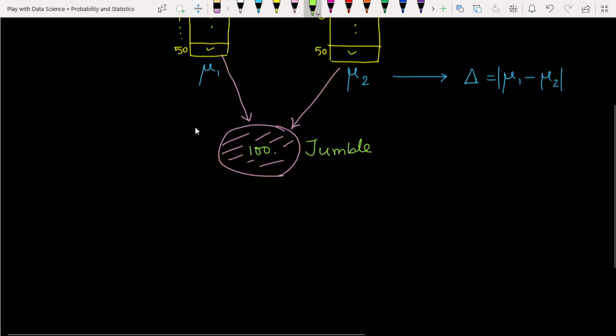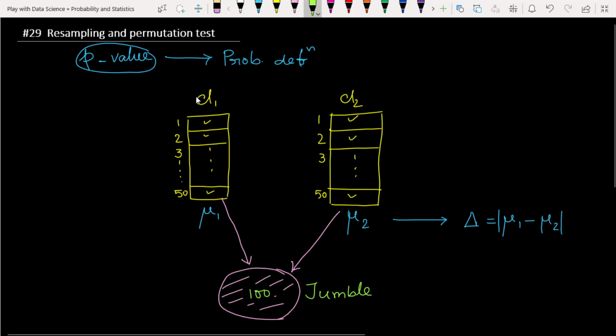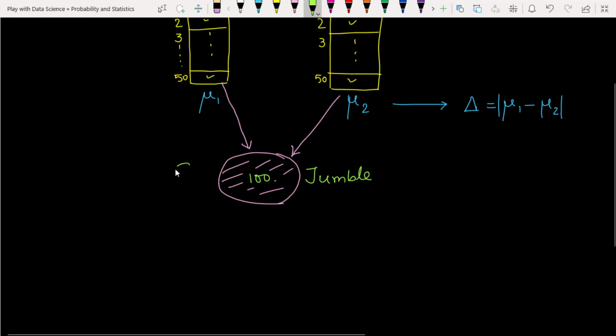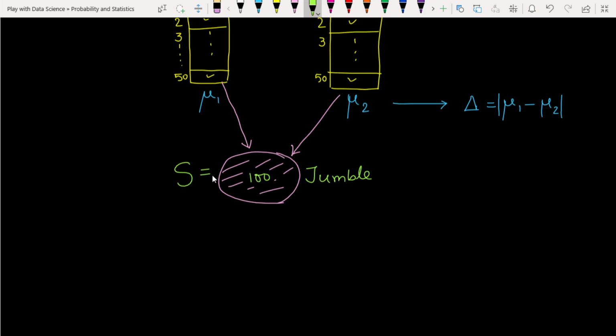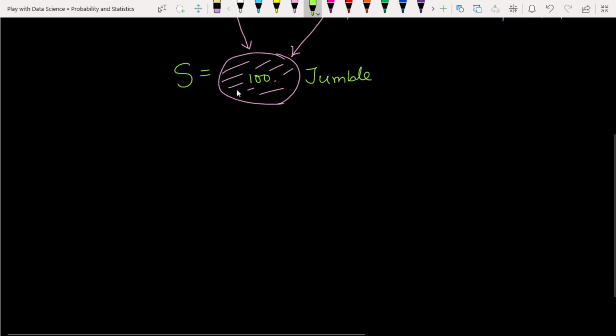Suppose this is the sample of class 1, this is the sample of class 2, and this is the main sample that we created here, capital S. From here we will create our artificial samples.